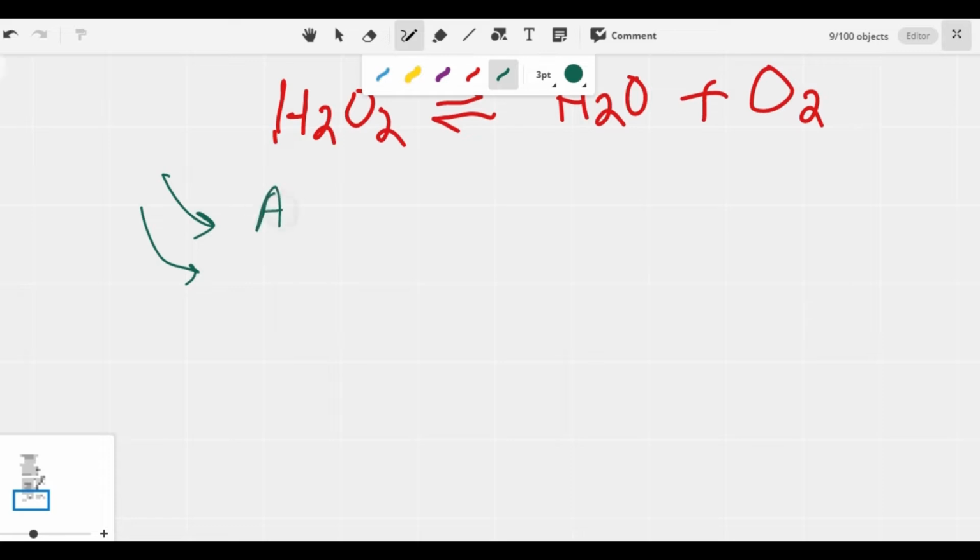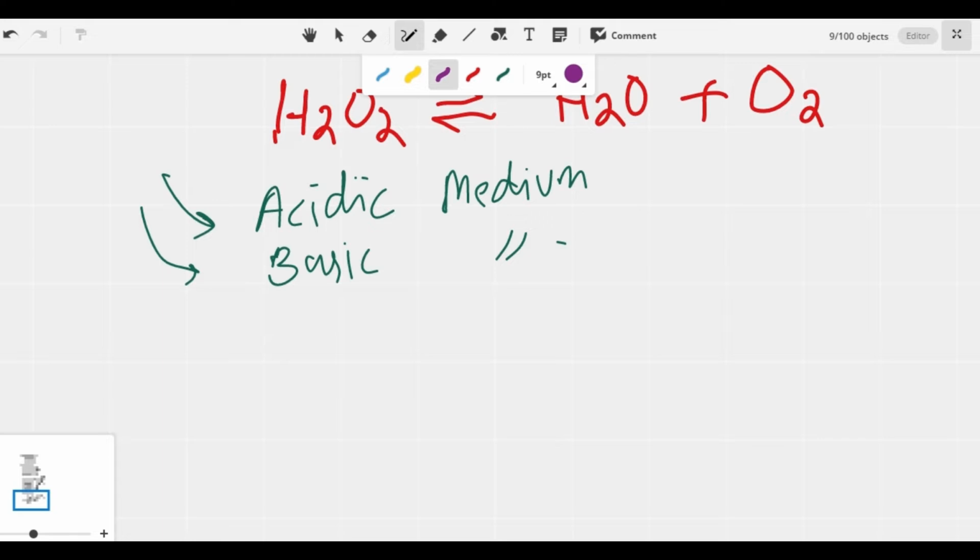One is called acidic medium and the second is called basic medium. So today we will solve the equation by using the acidic medium.